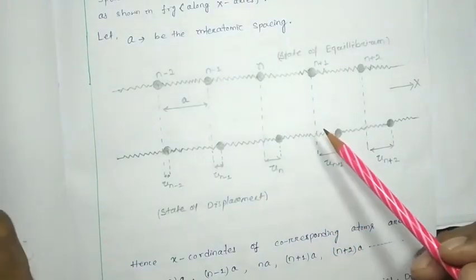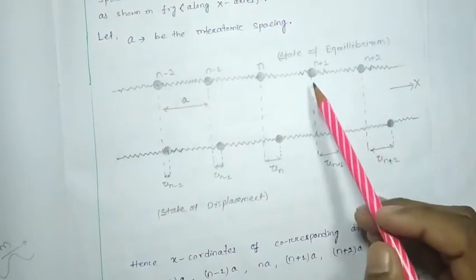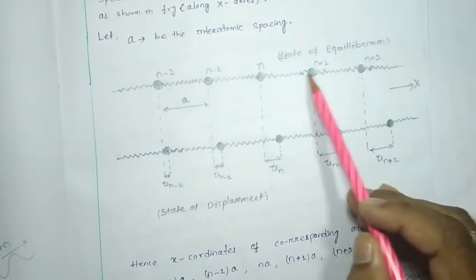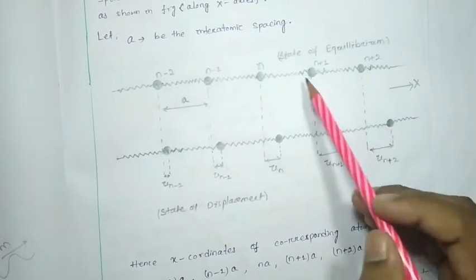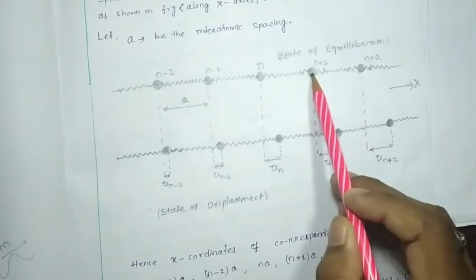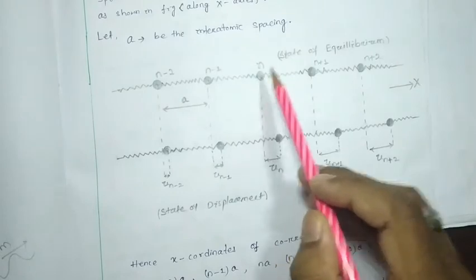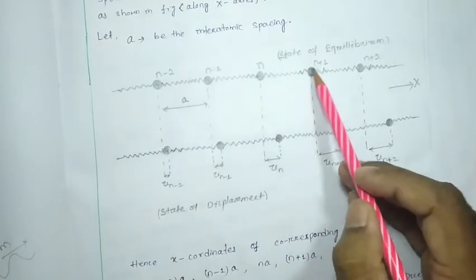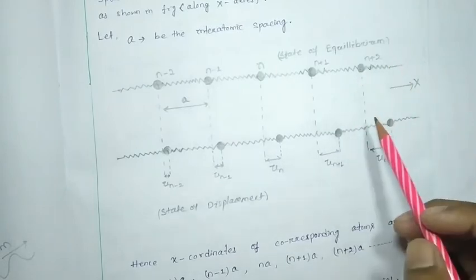When it vibrates, that vibration will be nothing but the so-called periodic motion. We can say simple harmonic motion, or periodic motion about its mean position. Due to this vibration, a wave will be propagated from this atom, from this atom, from this atom.